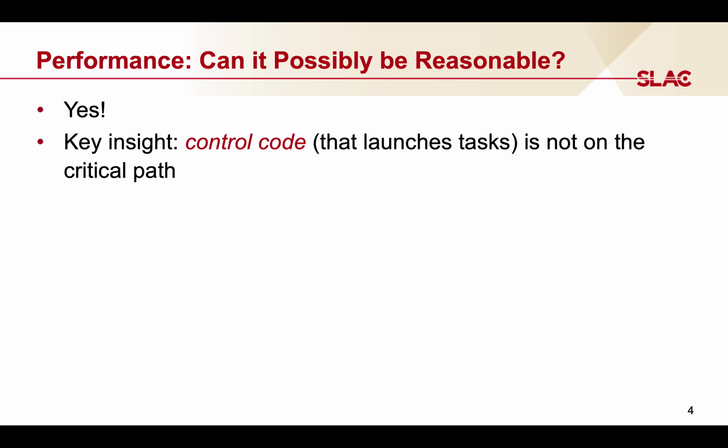So there are two things you need to understand. The first is that when you're thinking about a task-based program, you should separate it into two parts. There's the control code, which is the part that is launching tasks, and then there's the kernel code, which is the part that's executing the inner loops in your program. So control code is not on the critical path. Because tasks execute asynchronously, the control code can execute independently from the bodies of the tasks themselves.